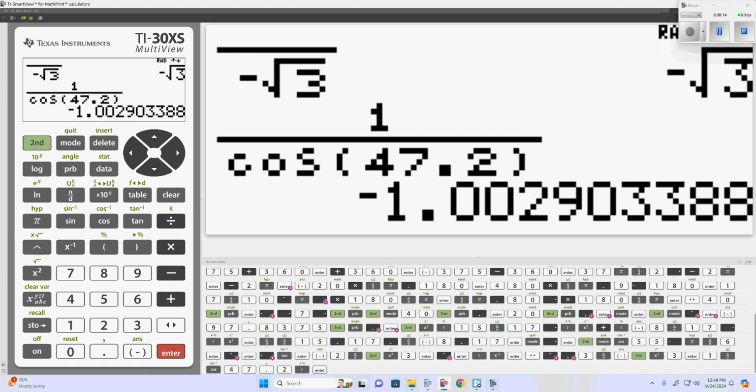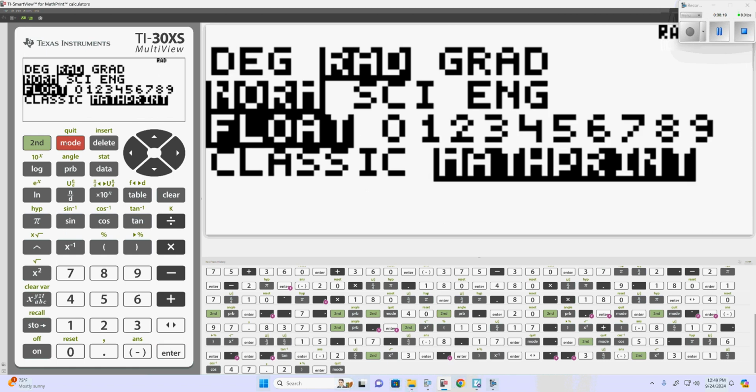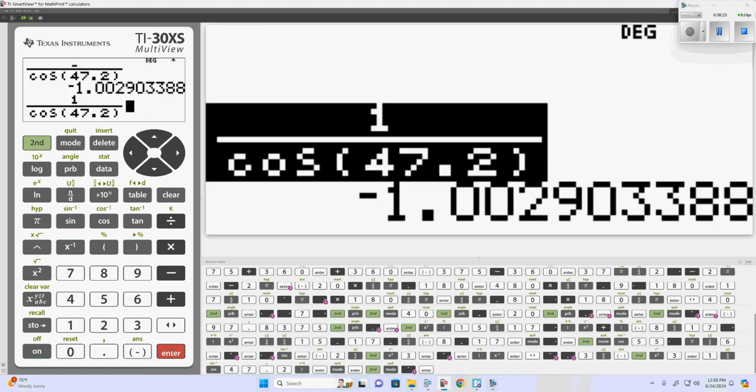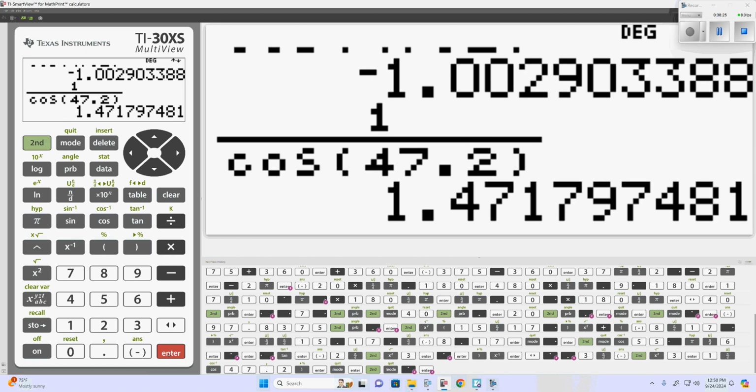Why? This is in radians, but what did it tell us the angle was in degrees? So it's actually 1.4718.